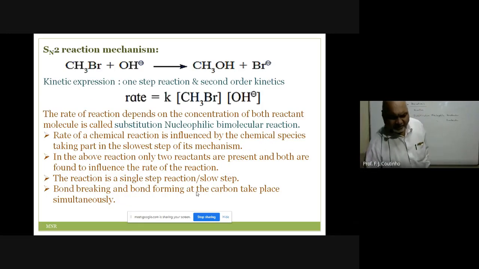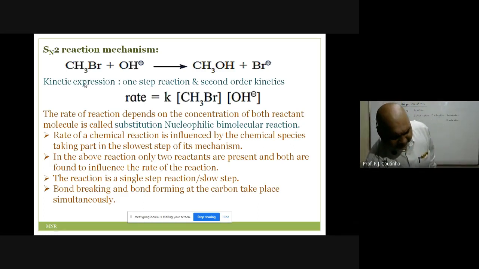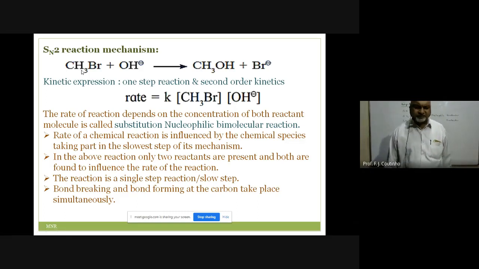If you see, the reaction is between methyl bromide and hydroxyl, that is OH minus ion. Here OH minus we are obtaining from either NaOH or KOH, that is aqueous alkali. We are taking methyl bromide here. Very important, SN2 is taken first. We are studying it first because the example is very important here.